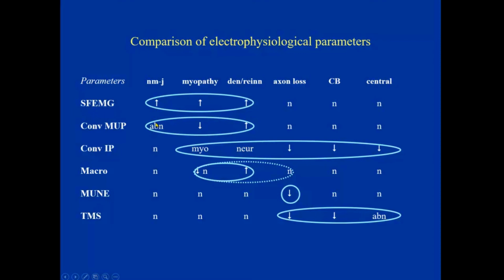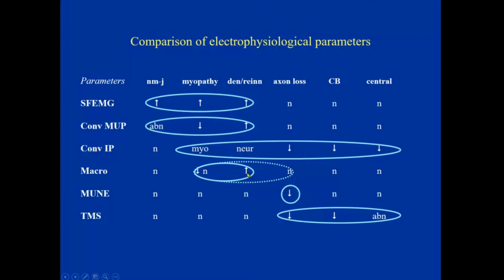When we have conventional EMG, we separate myopathy from neuropathy better than the single fiber EMG. And when we use conventional interference pattern analysis, we do not detect the changes in the neuromuscular junction, but can detect, in addition to the MUP analysis, also axonal loss, conduction block, and maybe a central disorder.